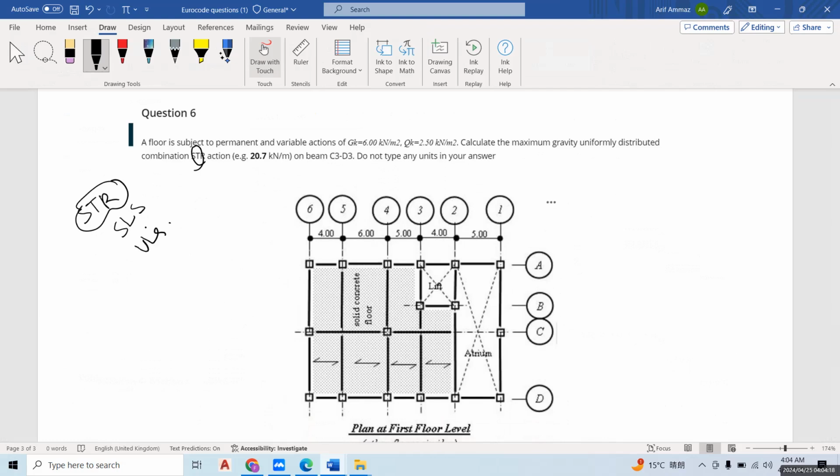Let me check again on the internet, STR, combination of actions.